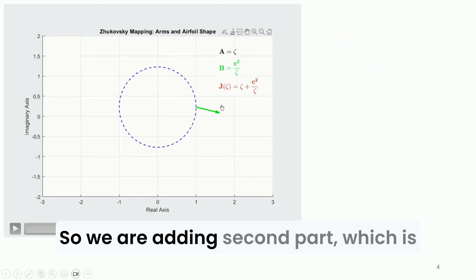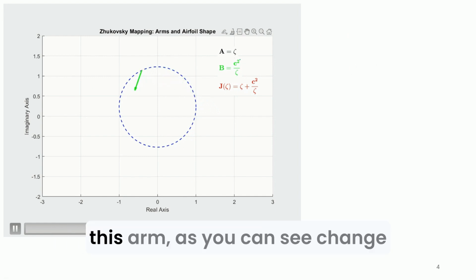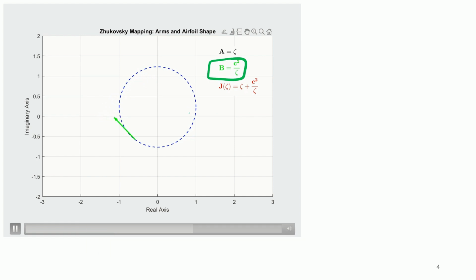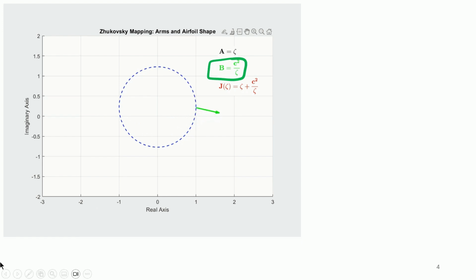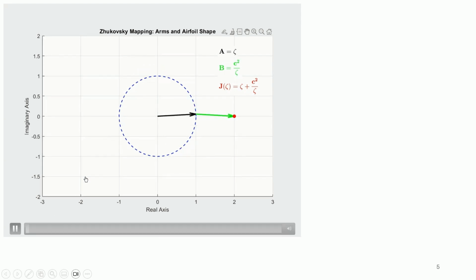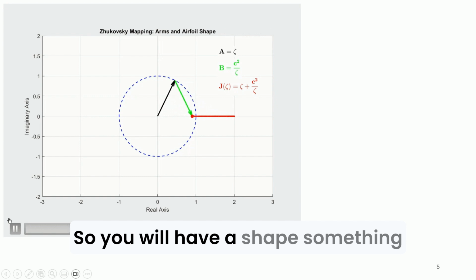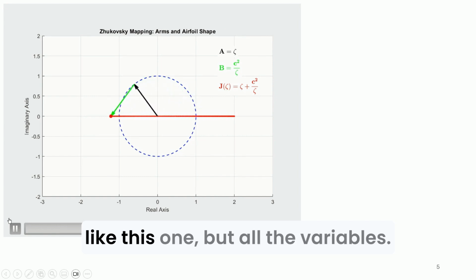So we are adding the second part, which is this arm. As you can see, it changes. And then when we add them together, you will have a shape something like this one.